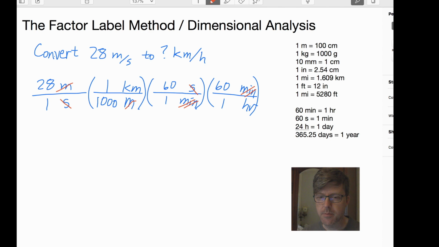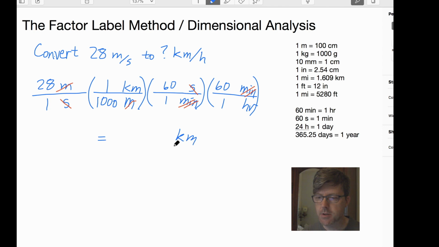And now let's check and make sure we got all the units canceled out. Looks like everything's gone except for kilometers per hour, which is exactly what we're looking for, and that's perfect. So if I had room, I'd put an equal sign here and keep going, but I'm going to put it down here. So I'm going to write down my units first, leaving room for the number.